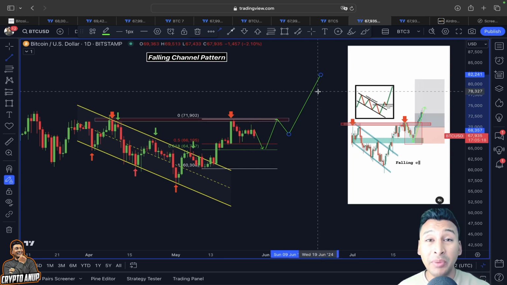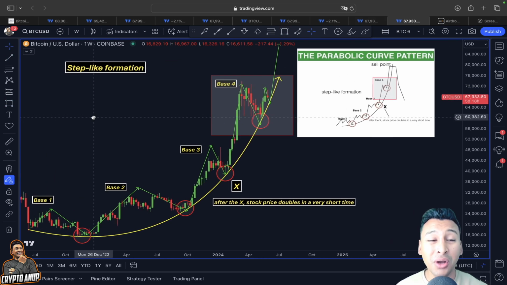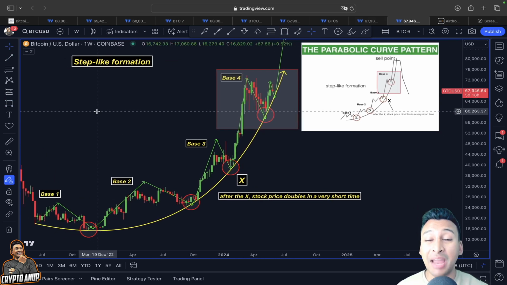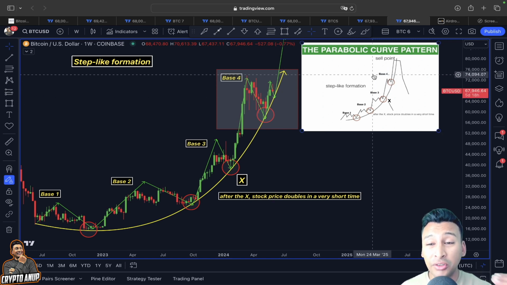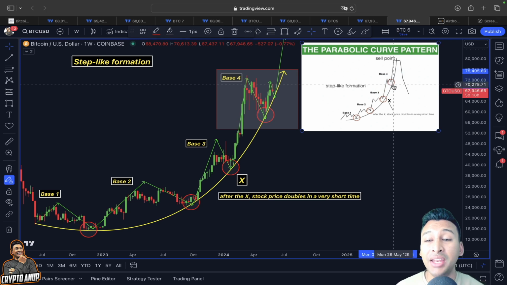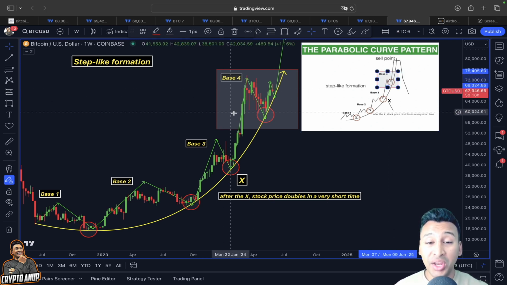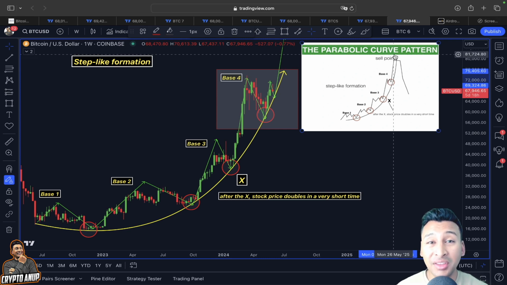and this entire pullback is going to be looked at as a temporary pullback, because in a weekly time frame, I've already talked about this step-like formation plenty of times in my videos, but I just want you to be aware, pullback during this uptrend is absolutely normal. And even according to this parabolic curve pattern, you can see this might be a formation of base 4, and in this base 4 we are going to witness more sideways movement before breaking here towards this sell point.